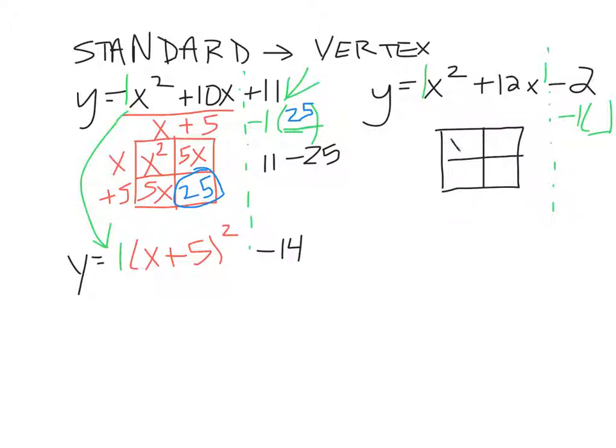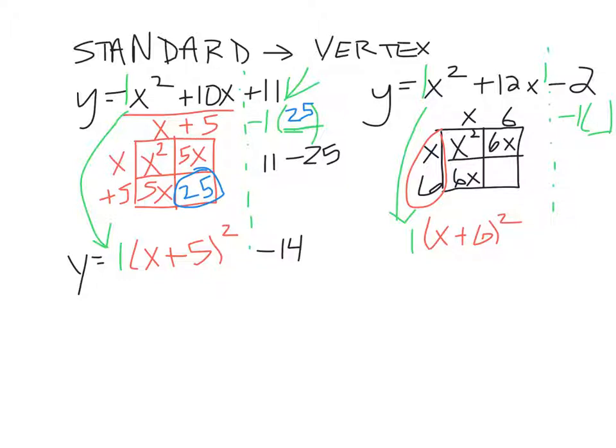So x squared goes first. 12x gets split into 6x. And 6x, x, 6, 6. So I'm going to bring down that 1. You'll see why later. 1 times, I have x plus 6 squared.